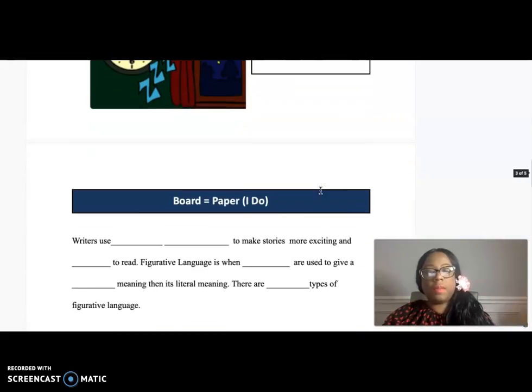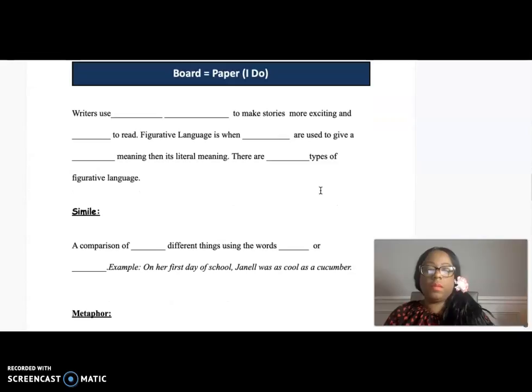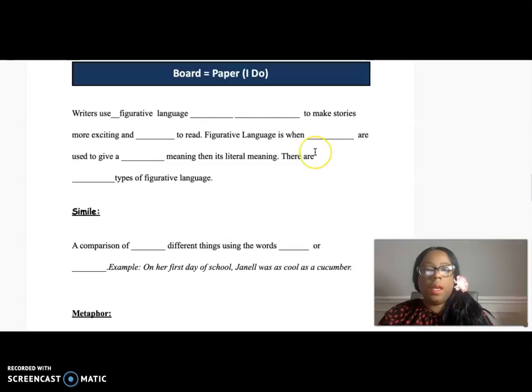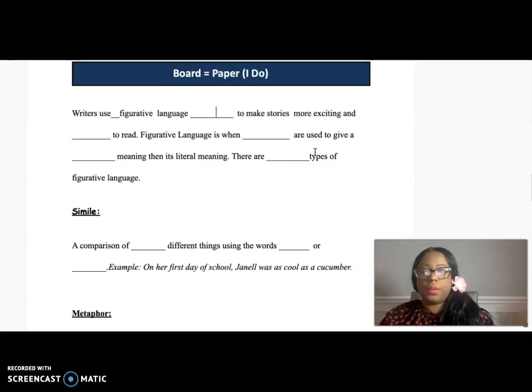All right, guys, flip the page. It's time for more equals. This is where I show you things that are new or how to review a certain skill. So today we're going to be reviewing what writers use, and writers use figurative language to make stories more exciting and fun to read.